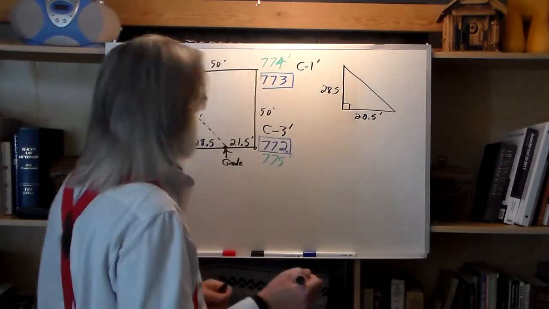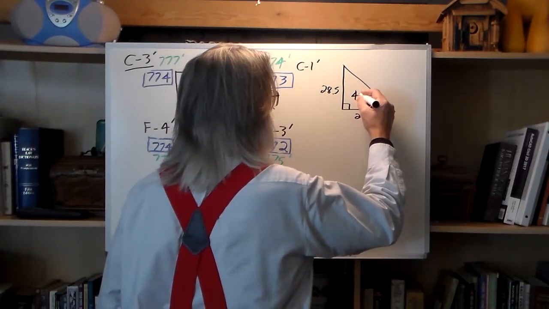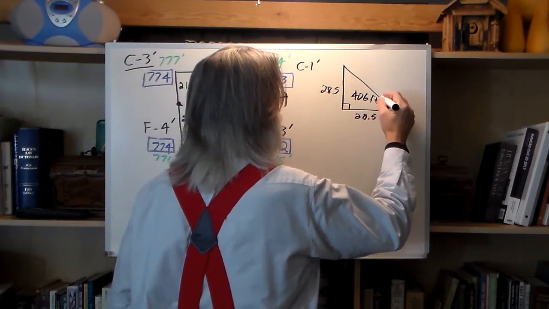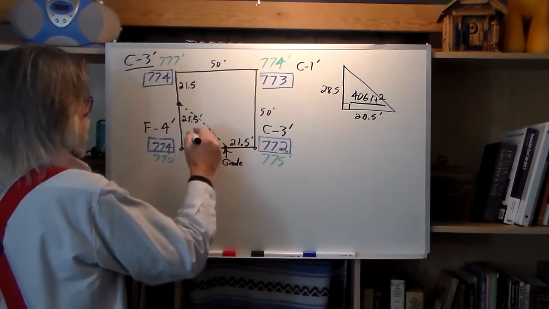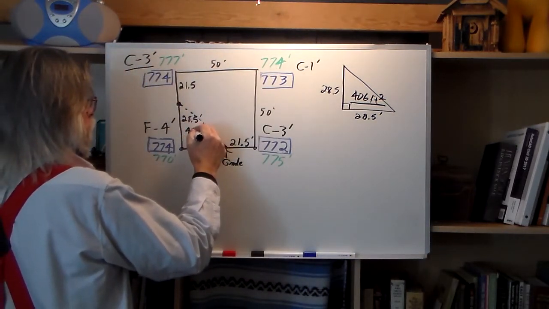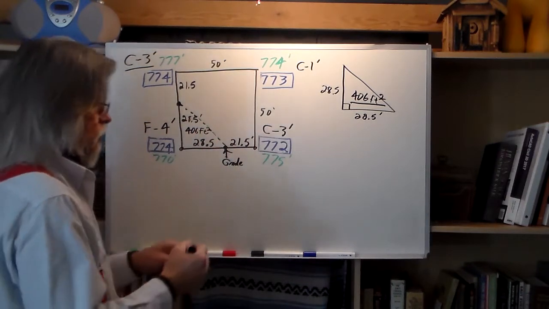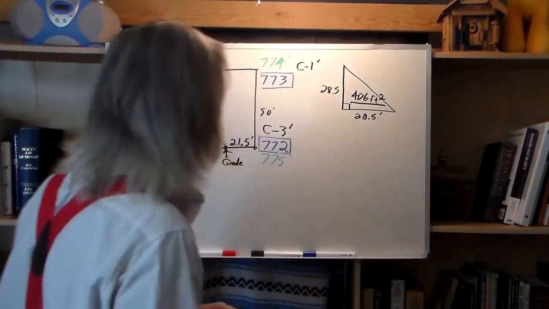So we're just going to say 406 square feet for the triangle.